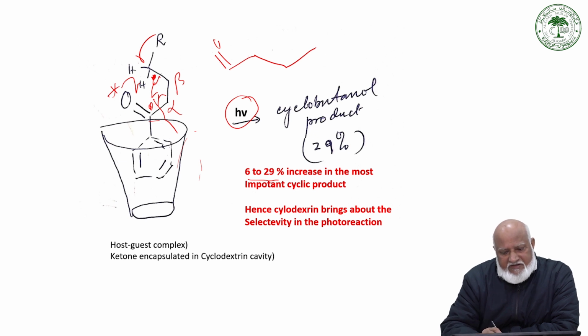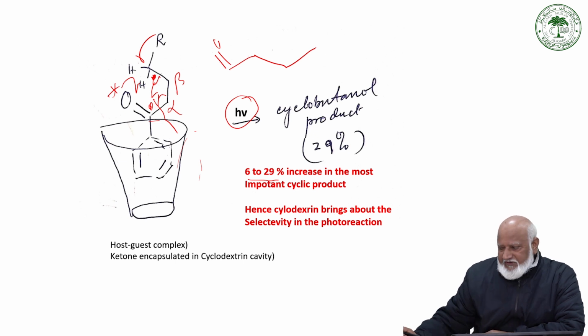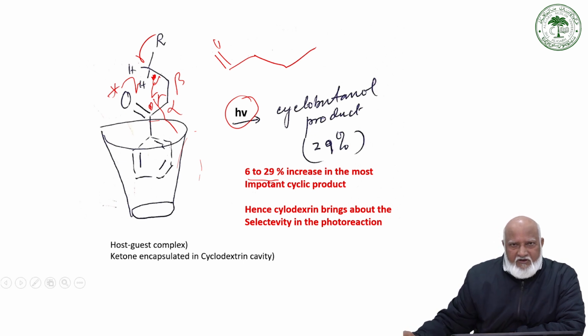So we can see that cyclodextrin brings about selectivity in photoreaction, and this is an example of how organized media such as cyclodextrin can bring about selectivity by increasing the most useful product, cyclobutanol, from 6% yield to 29% yield. And like this, several more examples have been studied.